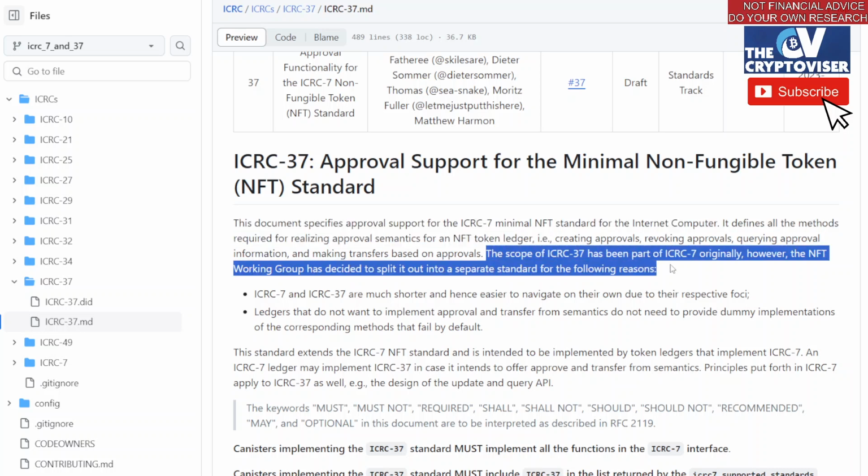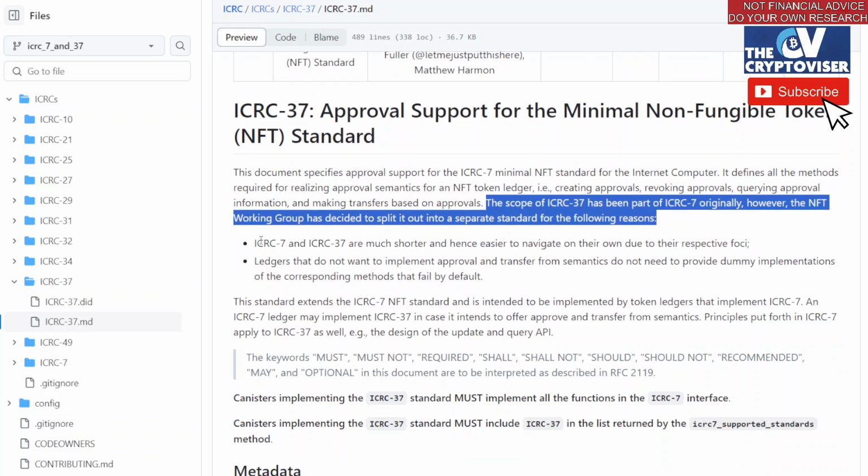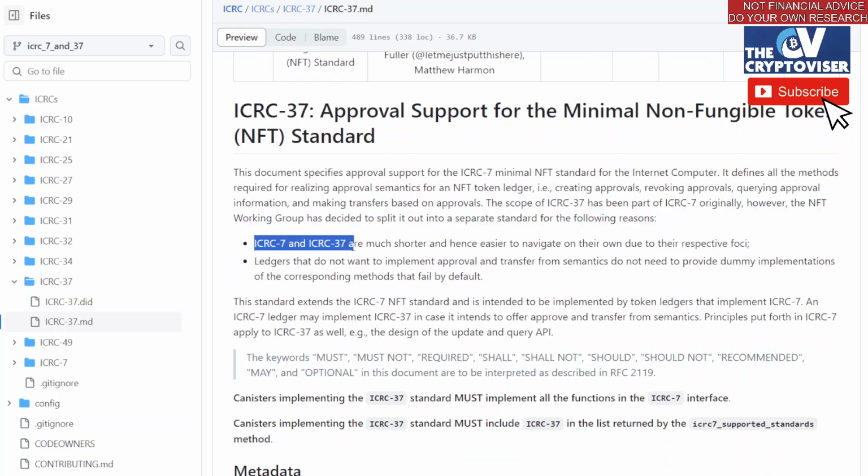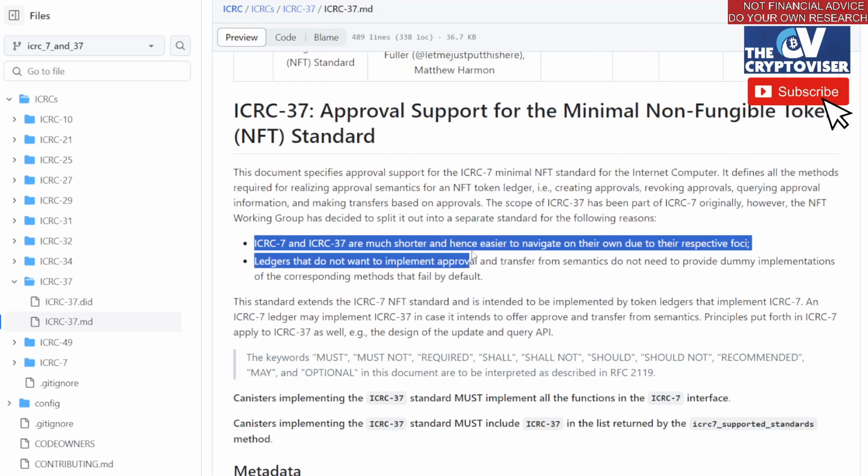The scope of Proposal 37 has been part of Proposal 7 originally. However, the NFT working group decided to split it out into a separate standard for the following reasons. Proposal 7 and Proposal 37 are much shorter and hence easier to navigate on their own due to their respective focus.